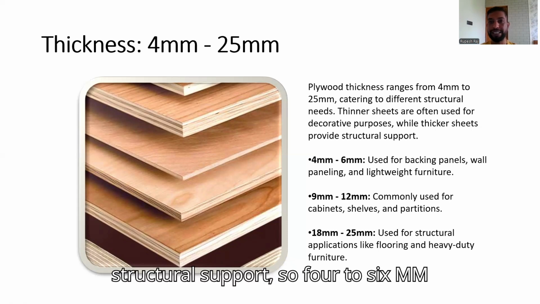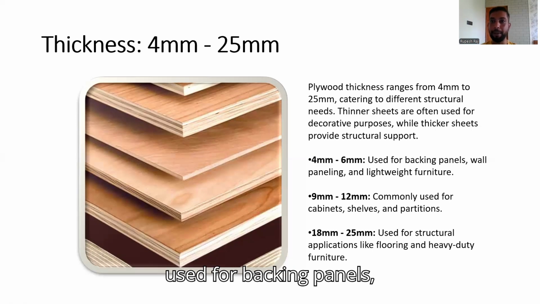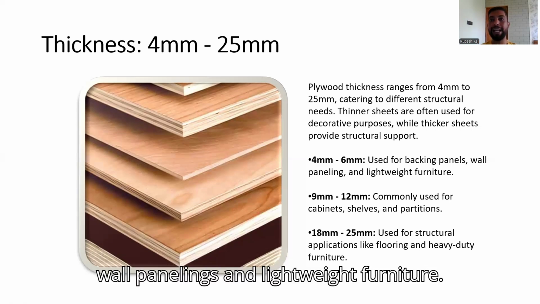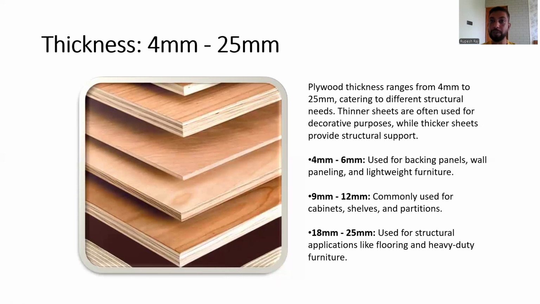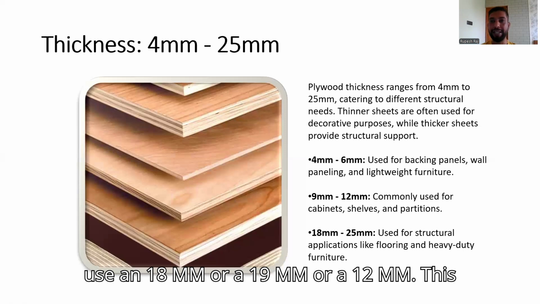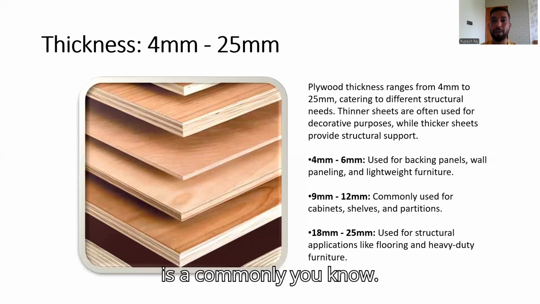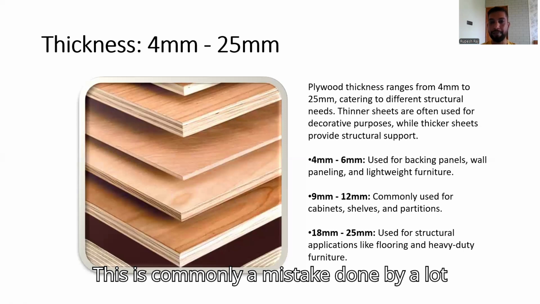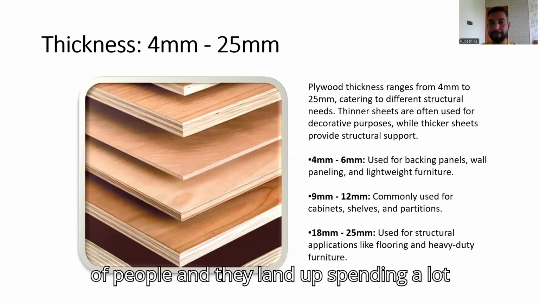So 4 to 6 mm is used for backing panels, wall paneling, and lightweight furniture. So if you're paneling the wall, do not use an 18 or a 19 or a 12. This is commonly a mistake done by a lot of people, and they end up spending a lot of money.